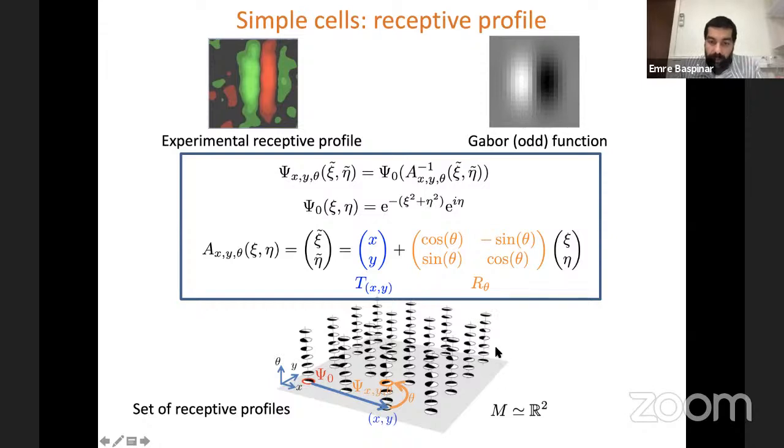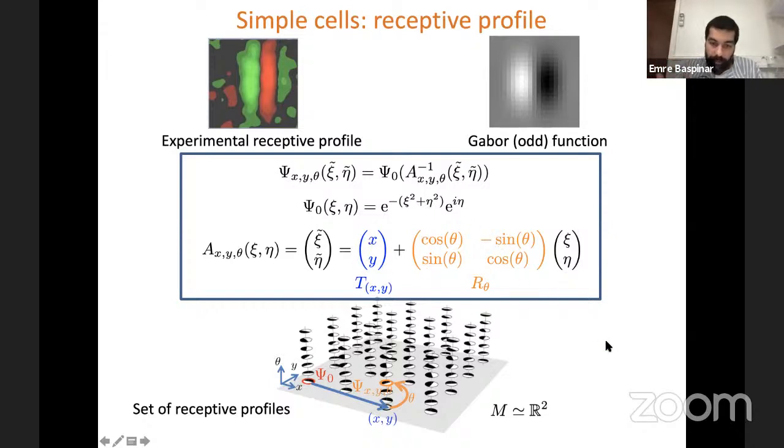An orientation fiber contains the Gabor functions, or the receptive profiles, which are rotated by all possible orientation angles. And the collection of all these orientation fibers comprises what we call the set of receptive profiles. In short, the set of receptive profiles contains the Gabor functions corresponding to all possible combinations of translations and rotations.